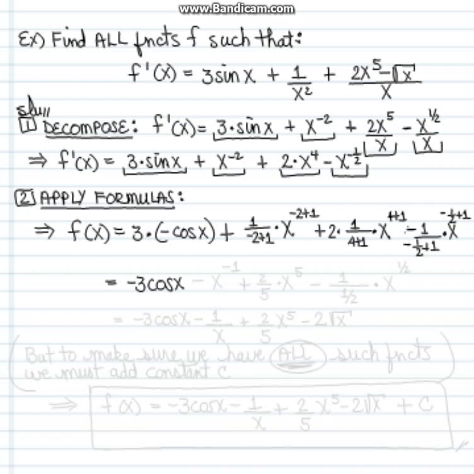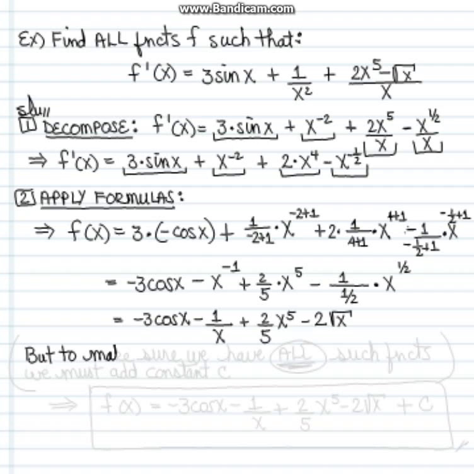We get negative 3 cosine x minus 1 times x to the minus 1, plus 2/5 x to the fifth, minus 1 over positive 1/2 times x to the positive 1/2. Continuing, that's negative 3 cosine x minus 1 over x plus 2/5 times x to the fifth minus 2 times the square root of x.